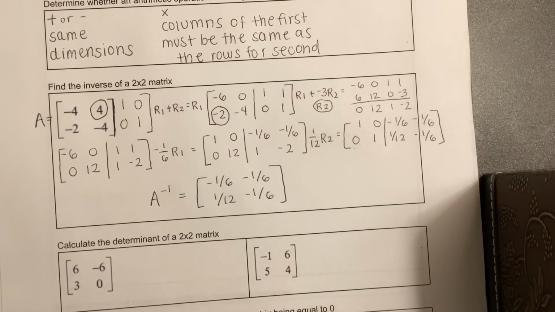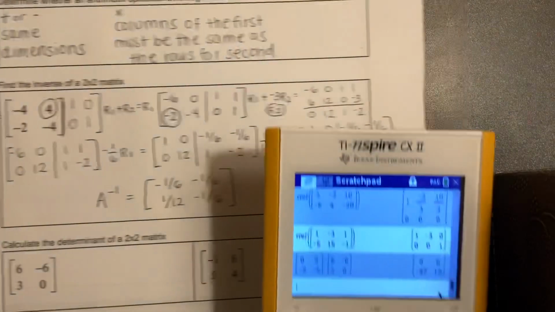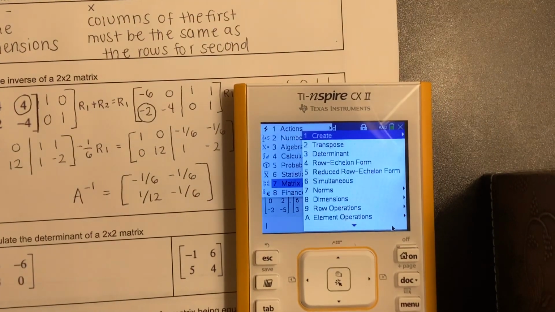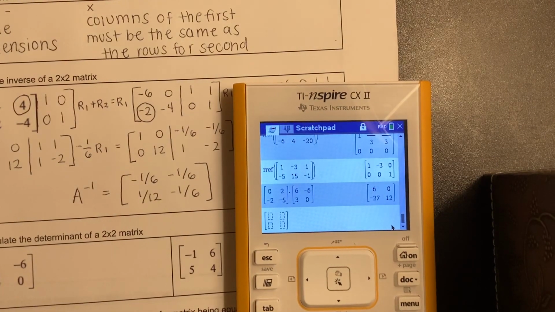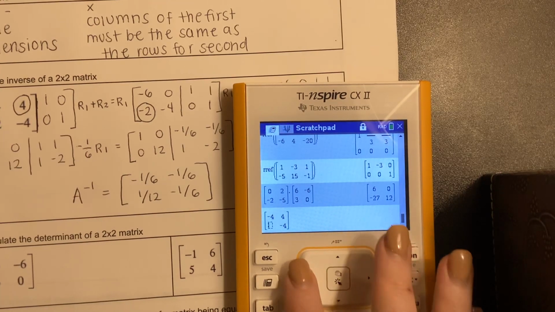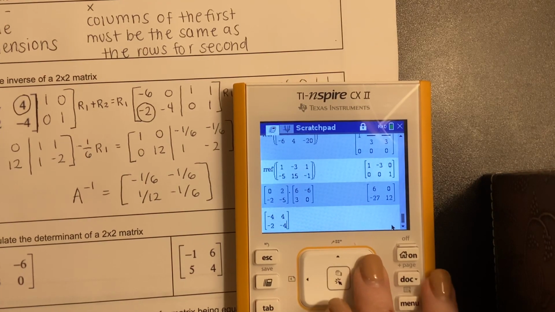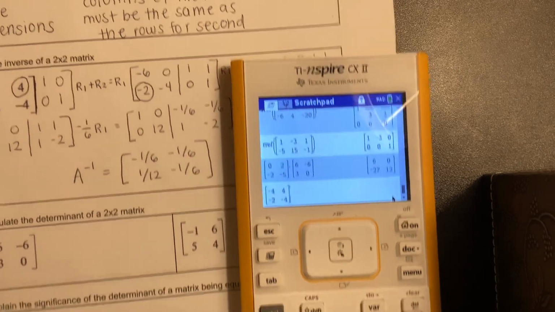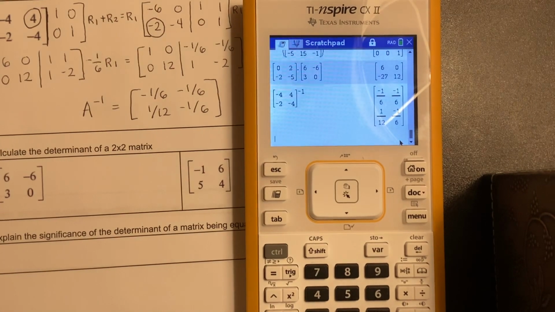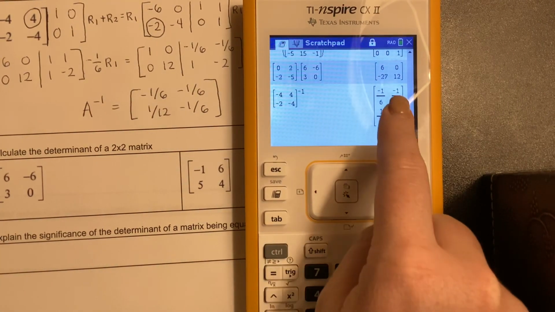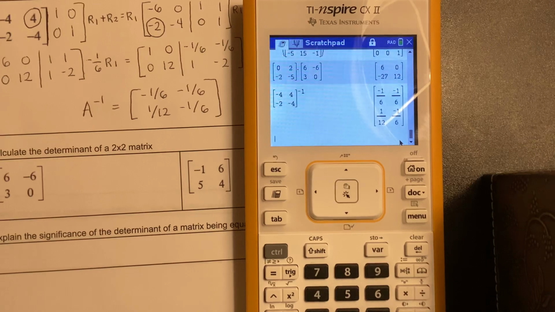Again, you can do this in the calculator. So if this is given to you on a calculator portion, knock it out in the calculator. So you're just going to type in your matrix. In this case, this was a 2 by 2, and it was -4, +4, -4, -2. And you're going to raise it to the -1 power, and it's going to pop back out: -1/6, -1/6, 1/12, -1/6.